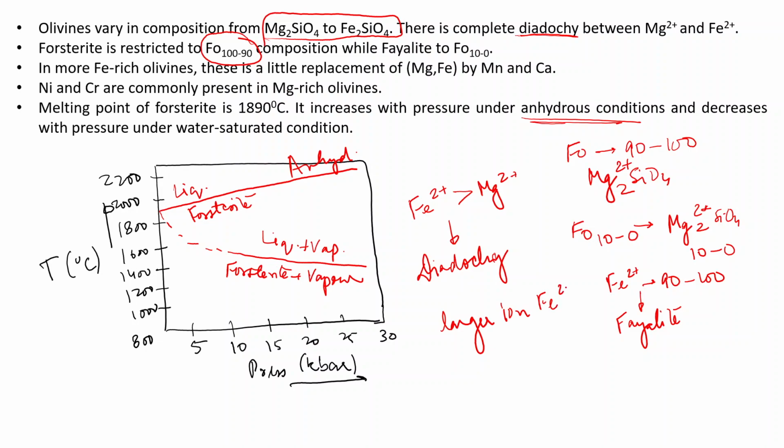For the larger ion, which is Fe2+, the cation-anion bonds are weaker.